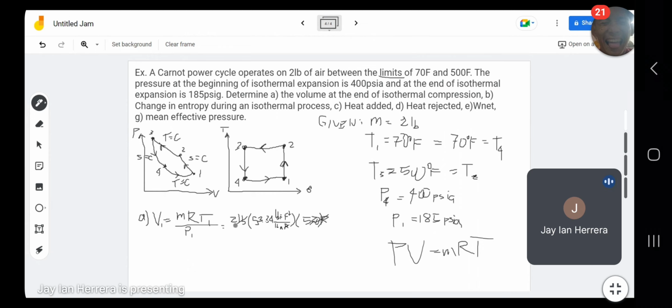Cancel lang si Rankine and pound mass. Pang pressure pala, pressure 1 natin, that is 185 pound force per inch squared. Gawin lang natin tong feet squared. Cancel ito, cancel si inch squared, magiging cubic feet yung volume 1 natin.